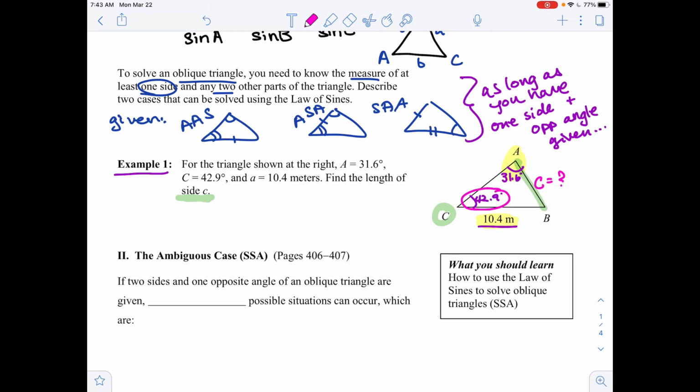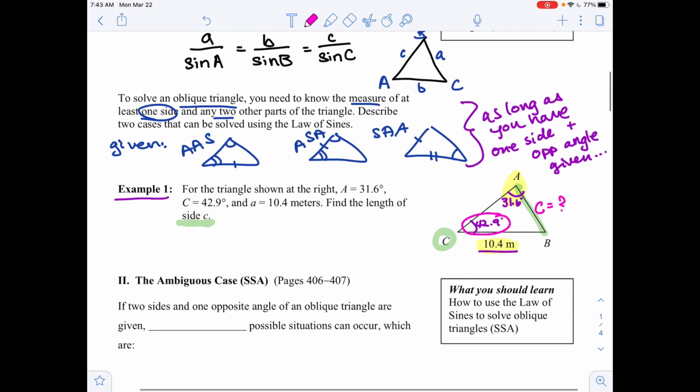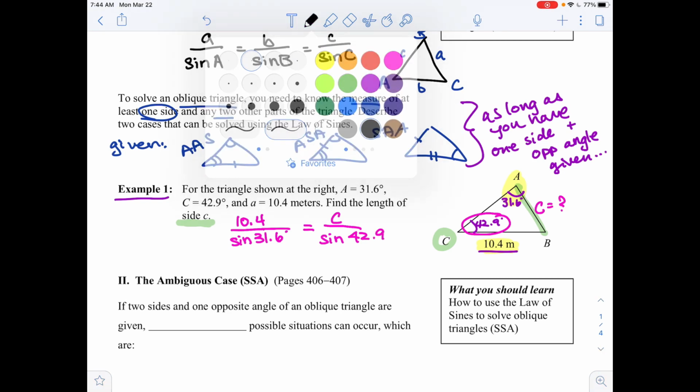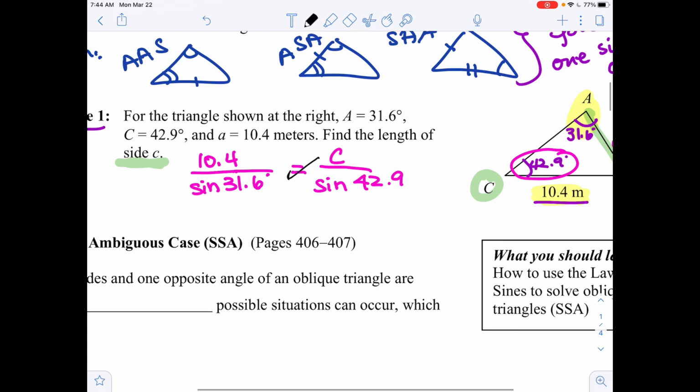So let's go ahead and set up using the law of sines. So we know that in opposite sides, so let's use side a, 10.4, over the sine of its opposite angle, equals a side, which we're looking for, c, over the sine of its opposite angle. Now, to solve this, we're going to cross multiply.